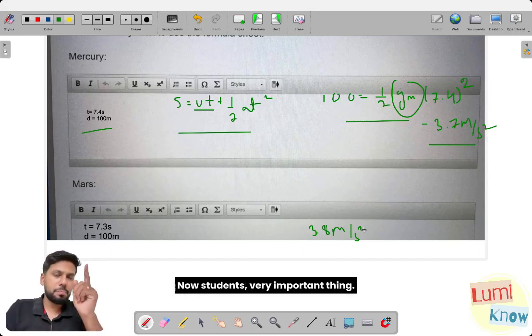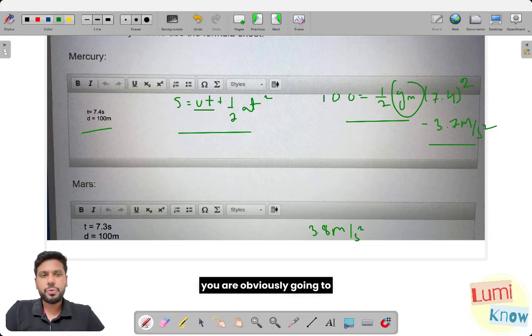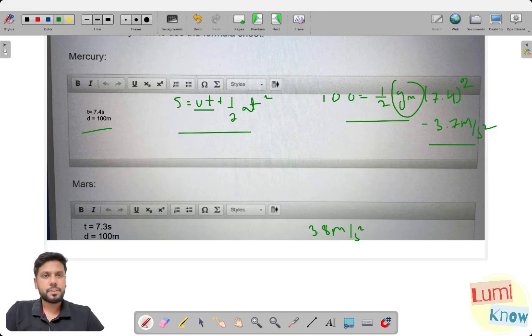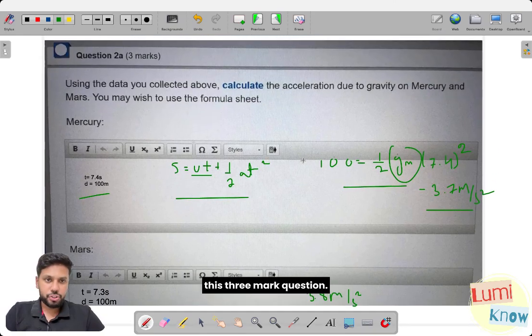Now, students, very important thing: if you do not write the unit, you are going to lose a mark. So you have to be very careful. Do not forget the unit. Remember, this is a 3-mark question.